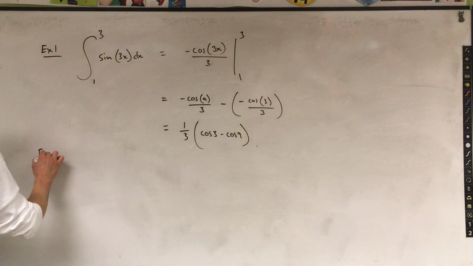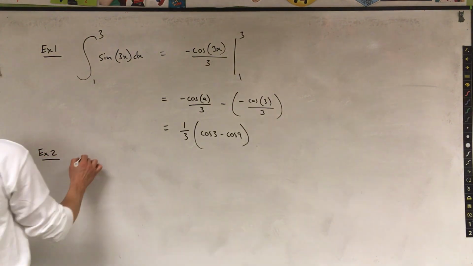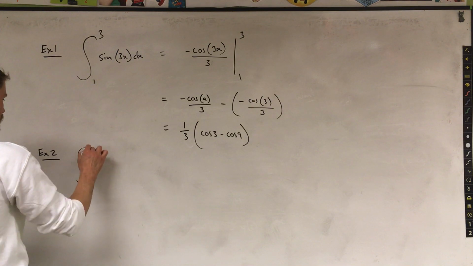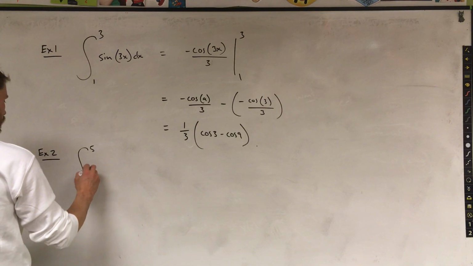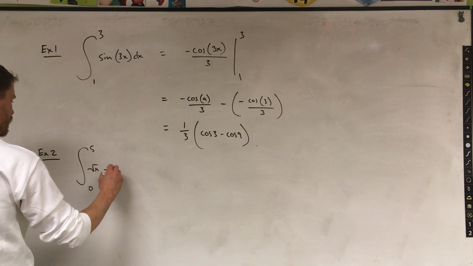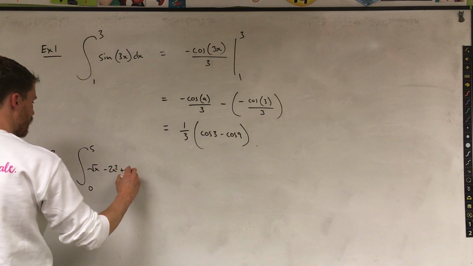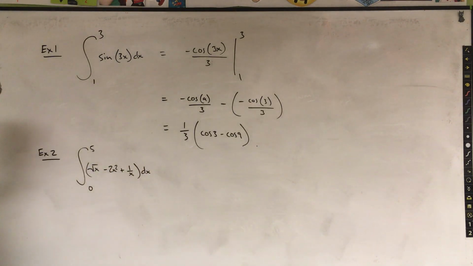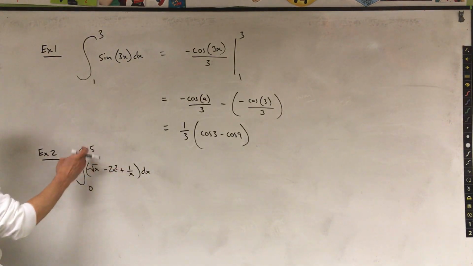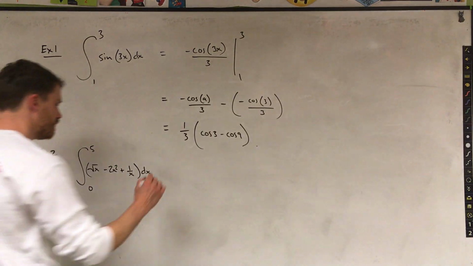Let's say we have an example number 2. Say we've got the integral from 0 to 5 of square root x minus 2x squared plus 1 over x dx. Again, the first fundamental theorem says find the antiderivative, plug in the upper limit, then the lower limit.